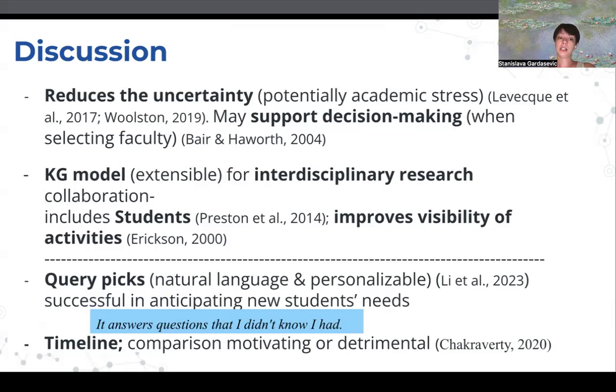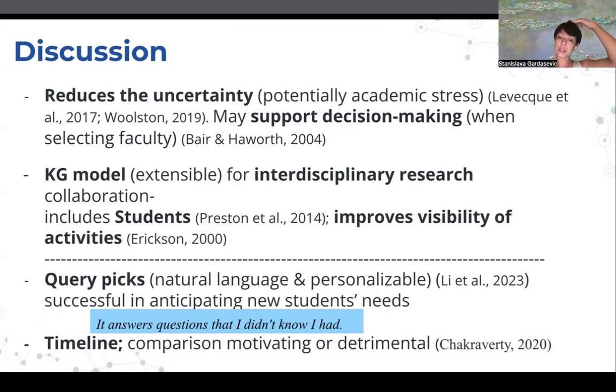Also, the model itself is extensible. You can add more things to it. It's flexible. Things change in the program and in life, so you can still do that. It supports that flexibility, but it's also good for supporting interdisciplinary research collaboration.